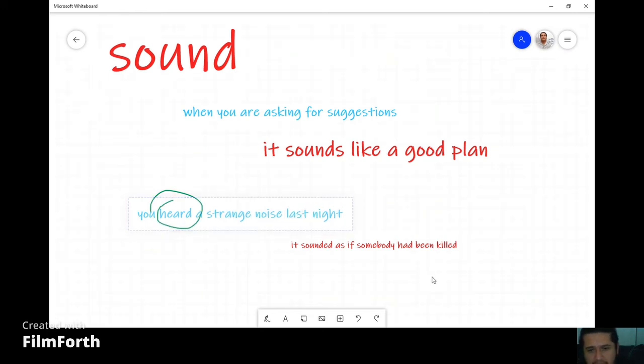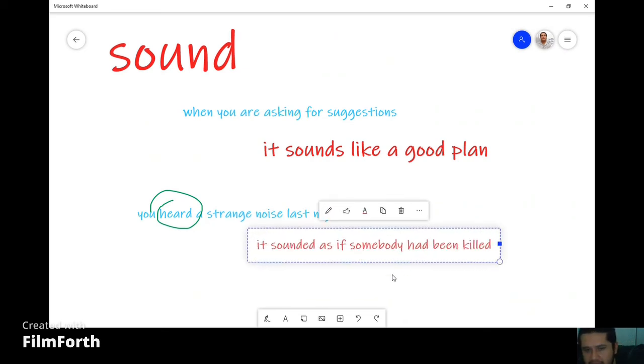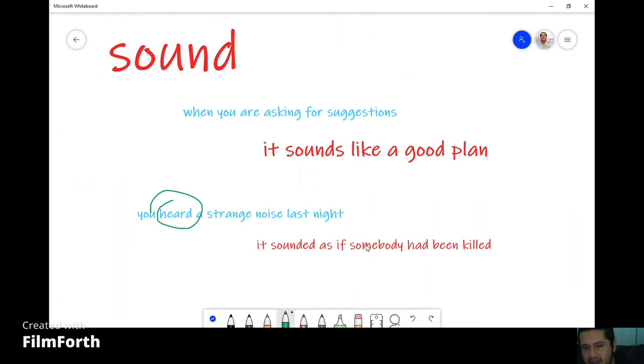If you're comparing a past situation and you want to describe it using a comparison with as if, you have to use the past perfect to refer to that situation in the past. Okay, so this is the idea.